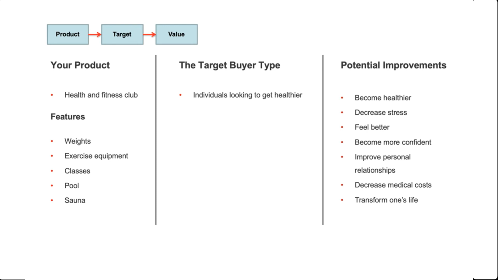Totally different benefits. So as you can see, while the product stays the same always, when we change the buyer type, the benefits and improvements change. And this is how we end up with different sales messages that are focused on the different buyer personas that we're engaging with. And this is how you get to that next level.